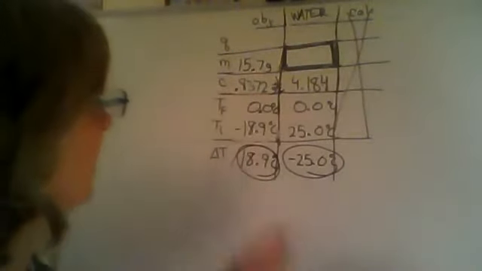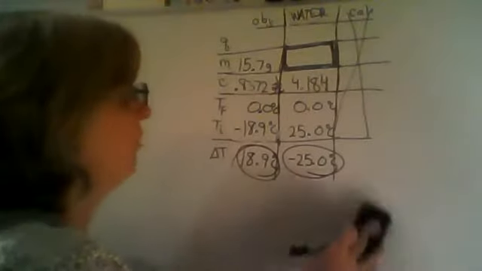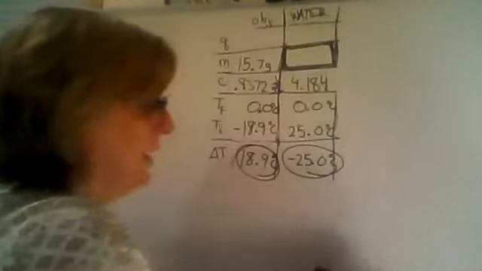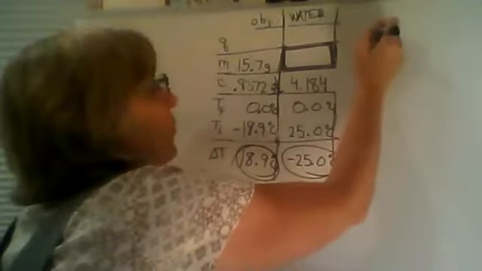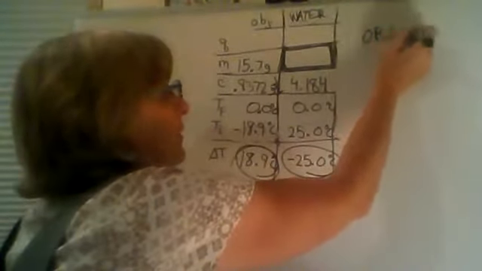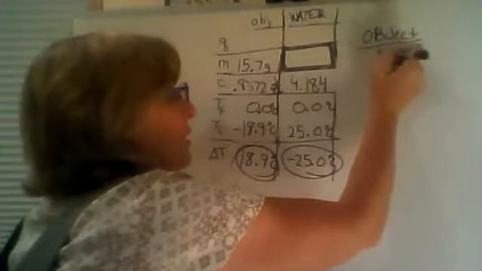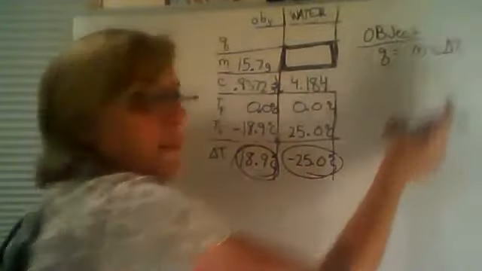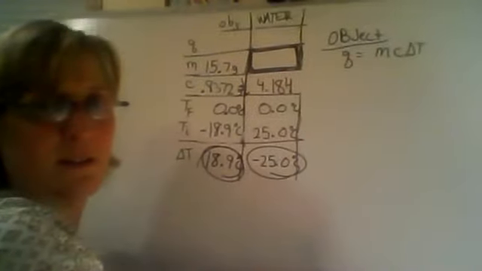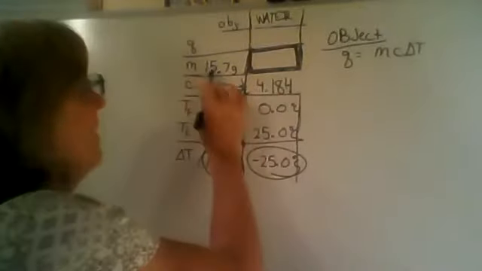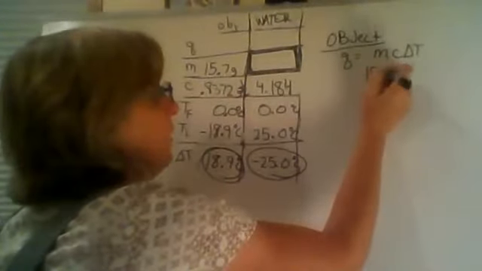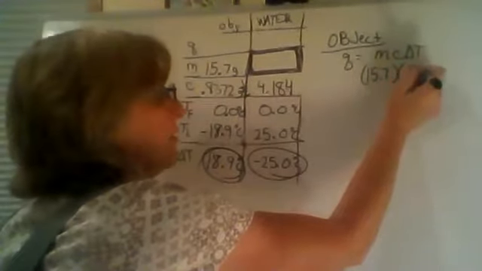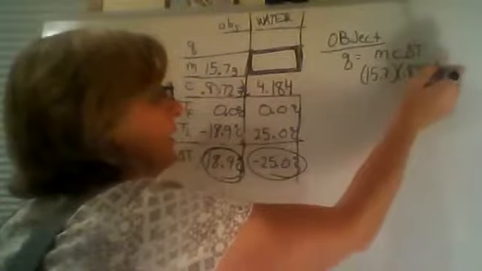So let's calculate the one for the object. I'm going to erase this. Okay, let's just go ahead and fill this in. For the object, Q equals MC delta T. 15.7 times 0.8372.